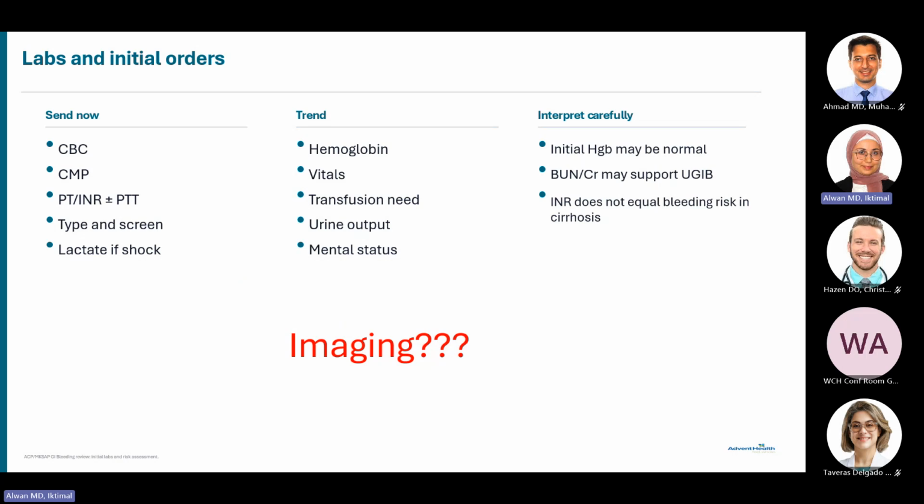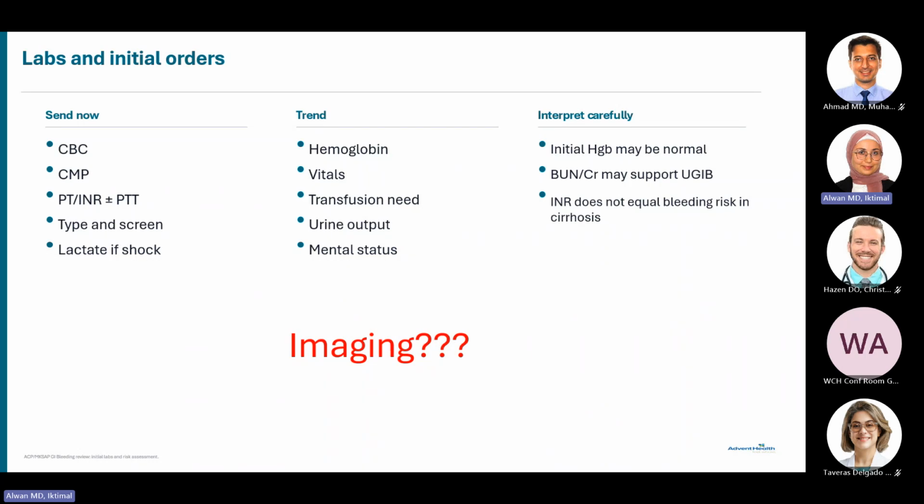Usually on the floor, we do Q6 or Q8 hours when the patient is coming straight from the ED. Of course, we need to trend vital signs. The patient needs to be on telemetry. We're going to talk about transfusion thresholds in another slide. We need to monitor urine output to make sure the patient is not in shock and having renal failure. Of course, mental status.